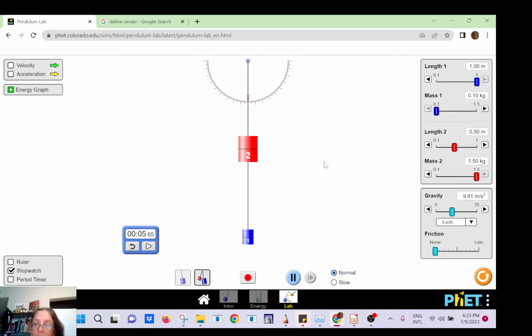So let's go back to my length of 1 meter here. Let's take a larger amplitude, but not too large, just a little bit larger, like this one here. Let's see here, 30. Even at 30, right? 1, 2, 3, 4. Stop. 8 seconds. So the amplitude does not matter.